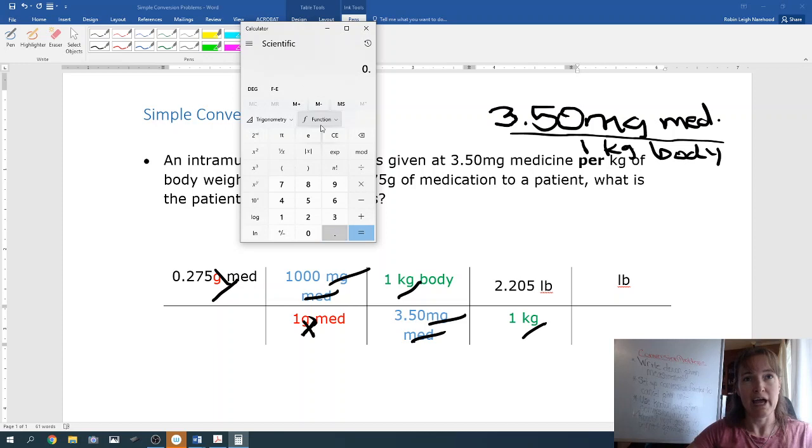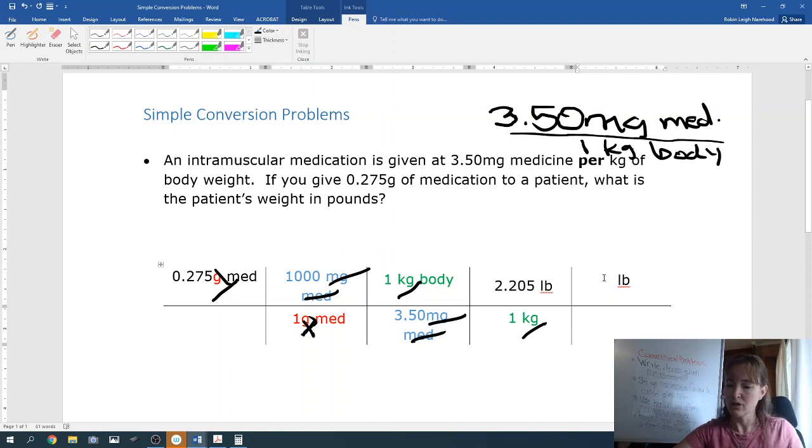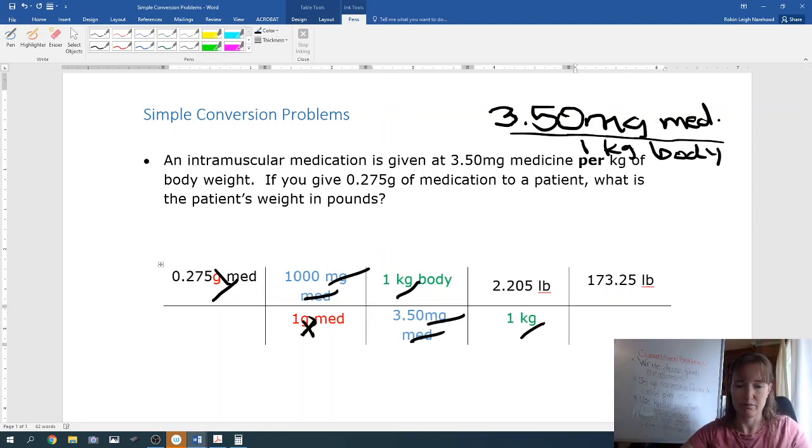And so we have the starting measurement, and we're going to multiply it by 1,000, and we're going to multiply it by 2.205, and then we have a 3.5 milligrams on the bottom, so we're going to divide by 3.5, and that gives us a total of 173.25 pounds. This is our calculator answer, but our measurement is the number that we started with.